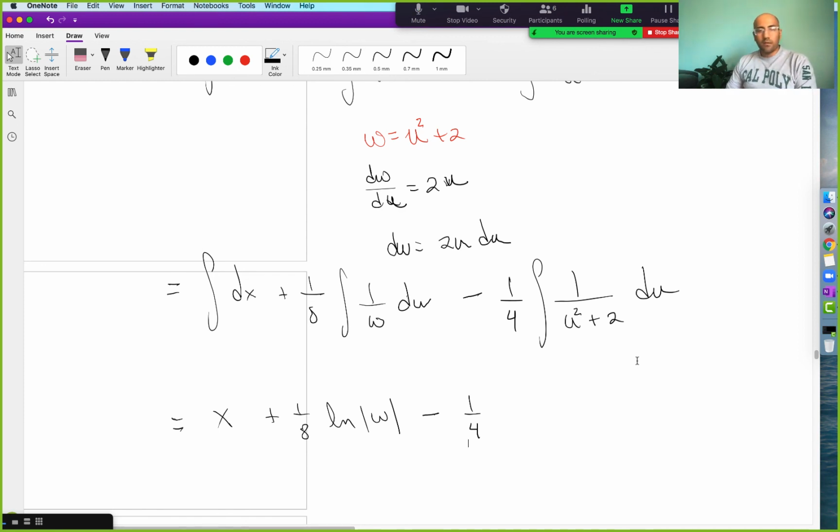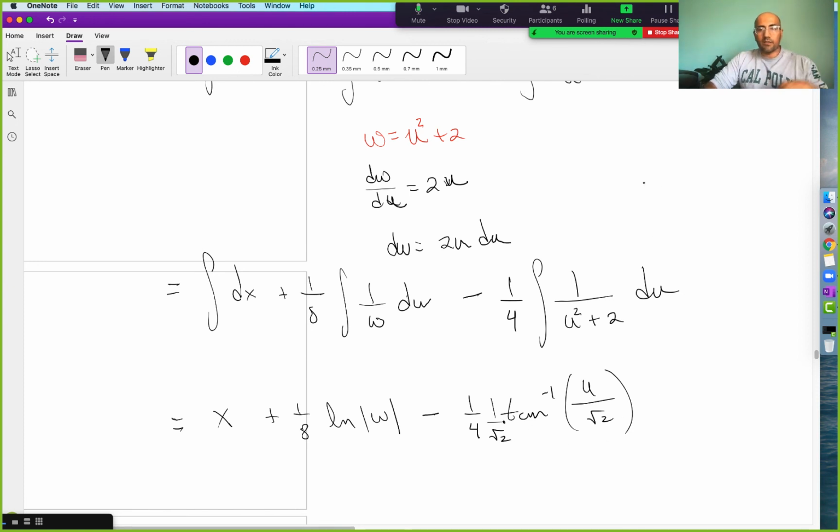And this is just going to be tangent inverse of u over root 2. And there's an extra 1 over root 2 that happens there.